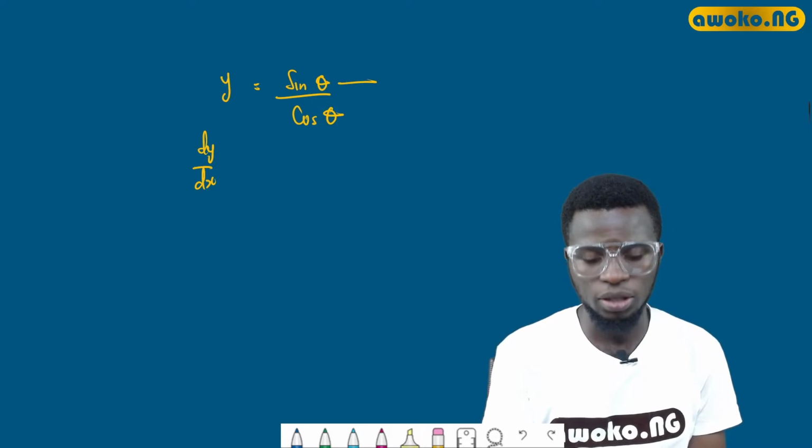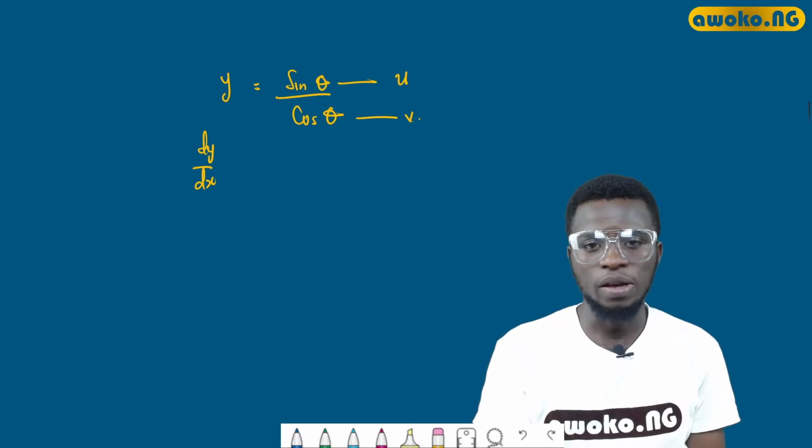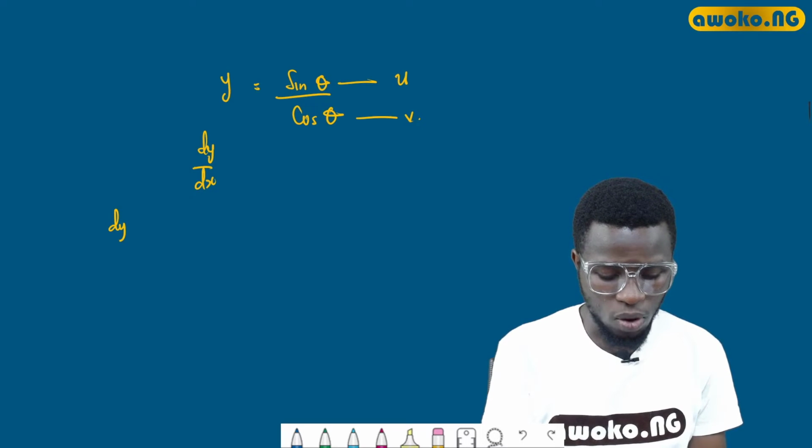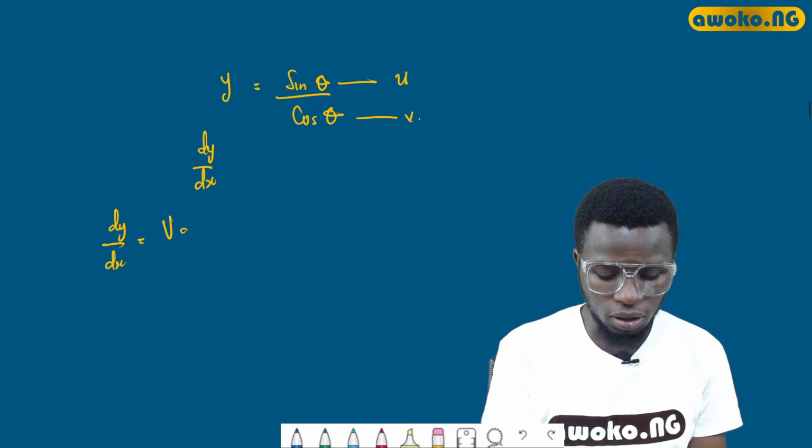I can make the numerator equal to u while the denominator will be v. And from the general formula, we're told that dy/dx under the quotient rule is equal to (v du/dx minus u dv/dx) all over v squared.